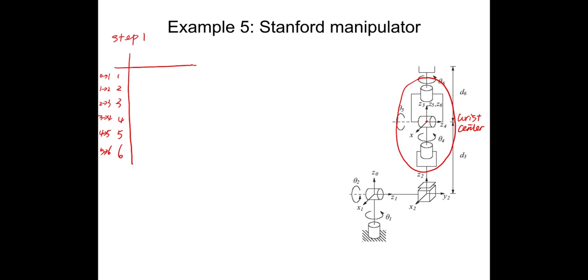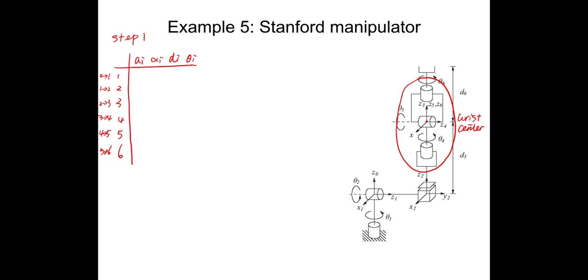In each step, we need to do the analysis to find out a_i, alpha_i, d_i, and theta_i. So a_i means the distance on the x_i axis between z_(i-1) and z_i. Now we start to do the analysis row by row.